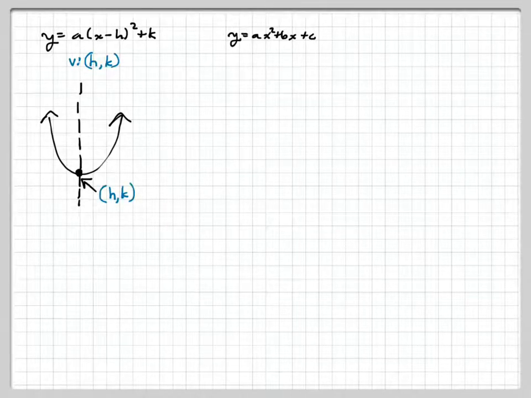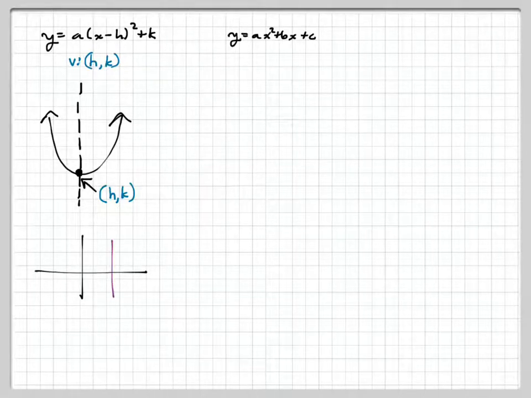So how would you label the axis of symmetry? It's a line. How would you label it? Okay, it's x equals, because if you had a line that went straight up and down on a regular graph, it crosses the x-axis, and it would be x equals. Now, this graph right here, we'll say 1, 2, is x equals 2.5, because it goes straight up and down.